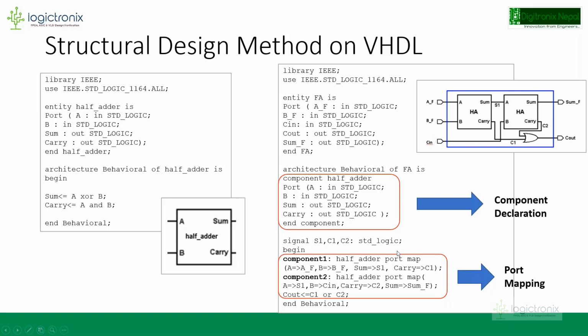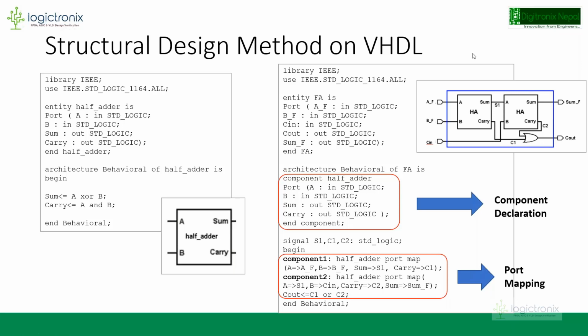We can see the component name is here, component one. We can place any name, and half adder is the module name which we called in the component section, and port map is the keyword for mapping, or connecting, the ports of the child module and the top module. And we connected our port A with AF. Port A means half adder A.